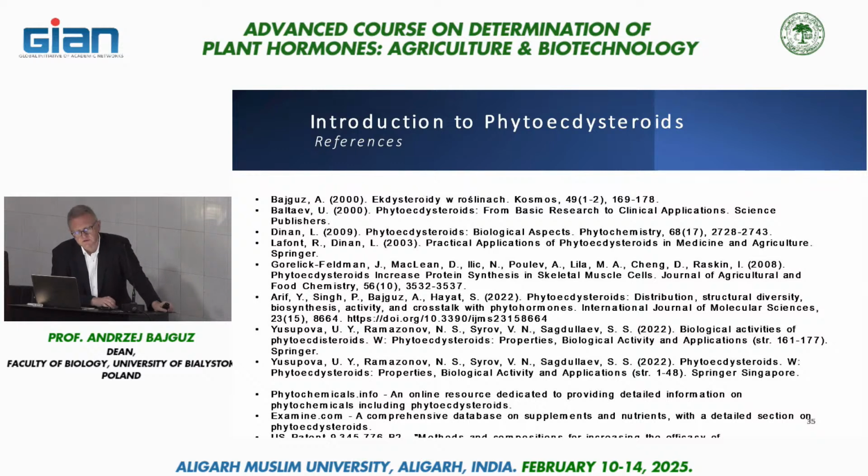Unlike phytohormones, which are universally present in all plant species, phytoecdysteroids have a restricted distribution across the plant kingdom. They are predominantly found in some families, such as Caryophyllaceae, Chenopodiaceae, Asteraceae, Fabaceae, and Polypodiaceae, though they occur in some other taxa as well.